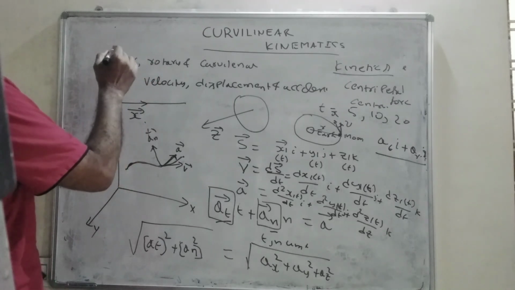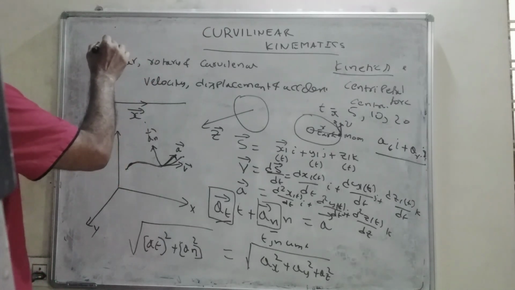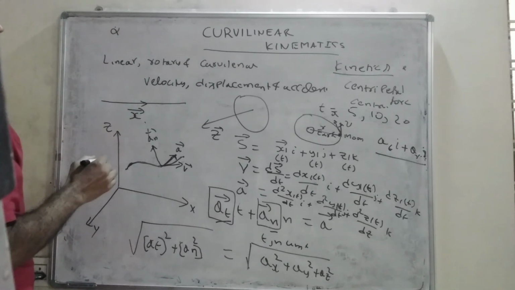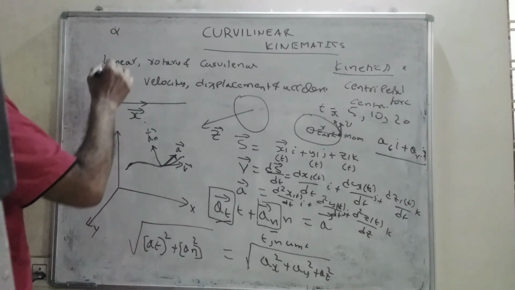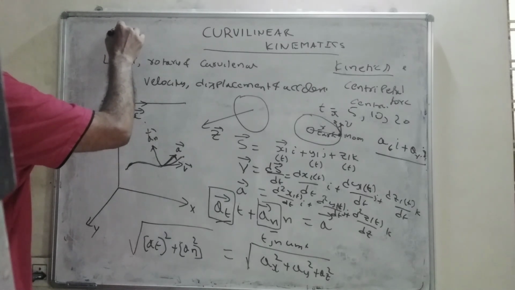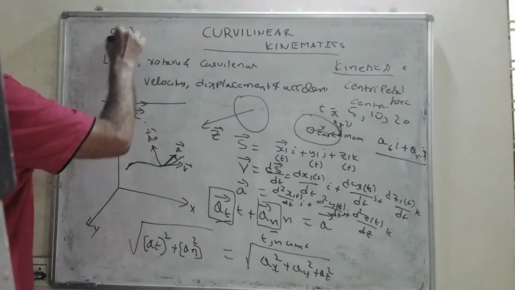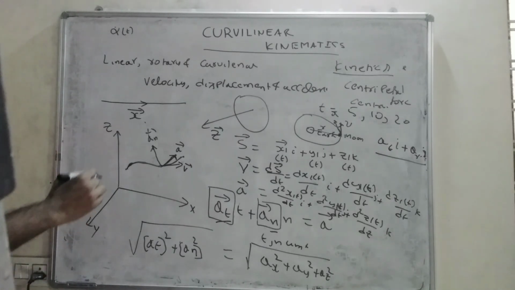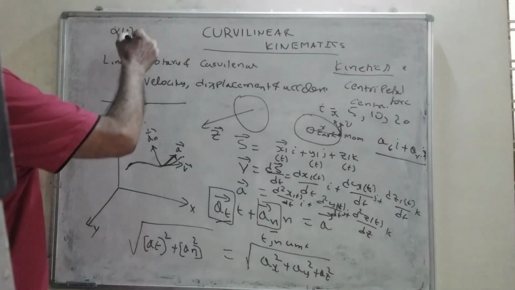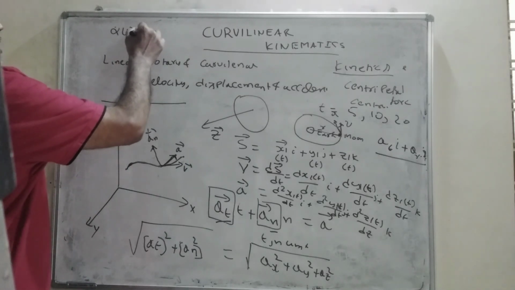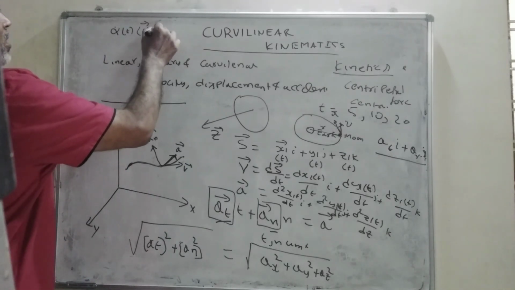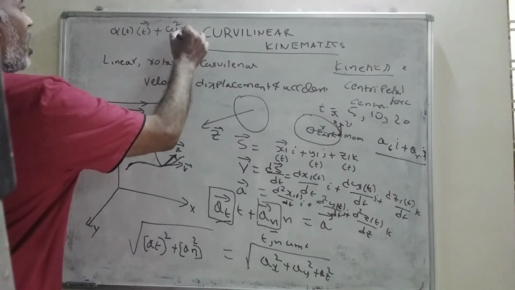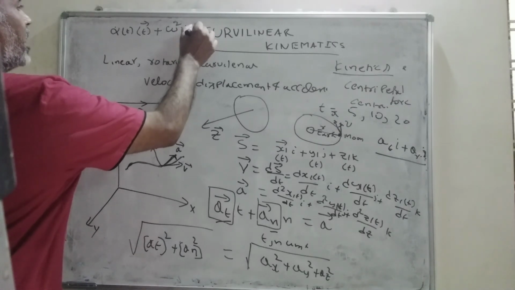So here, alpha t is a tangential acceleration, unit vector t, plus omega square r radial vector acceleration.